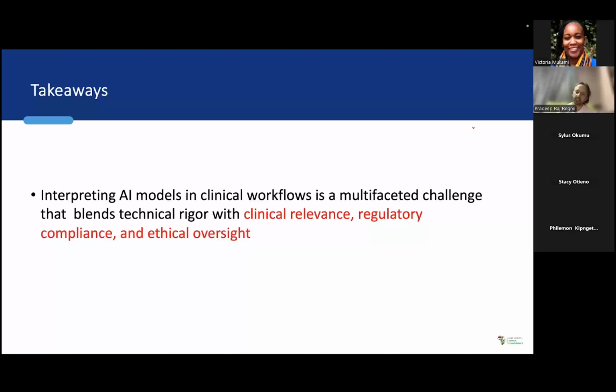So takeaways from this second presentation would be: we have to think of clinical relevance, and regulatory compliance and ethical oversight should be overcome, and there is a multifaceted challenge. So AI scientists and researchers must work with clinicians for a better output.